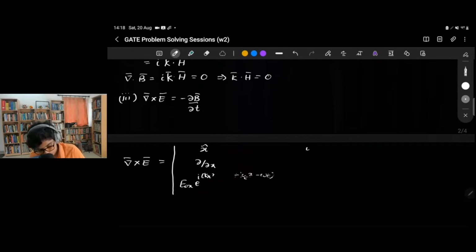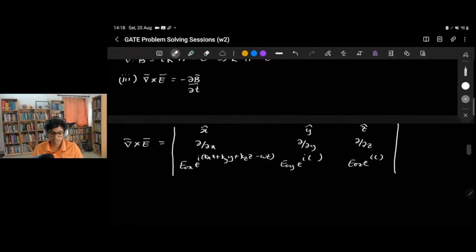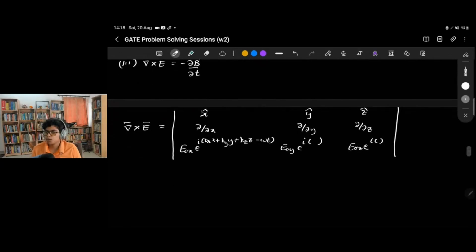Then you have y cap, del by del y, E naught y and the same exponential. Then you have z cap, del by del z, E naught z and the same exponential. I'm not writing the exponential again and again, so you can just copy and write down the same exponential.